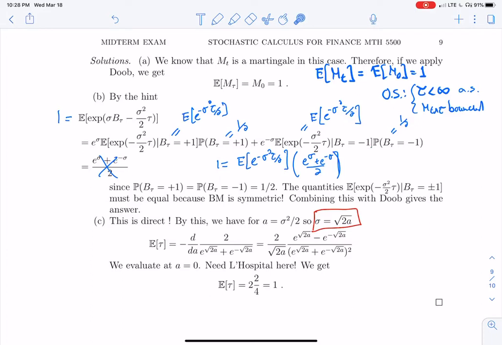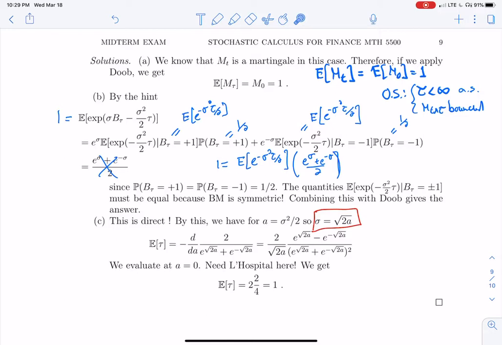To see this, just redo the same conditioning but without the b. So write this expectation as this expectation given beta equal to +1 and given that beta is equal to -1, and because the probability is 1/2, 1/2, you get that this is equal to that. Or you could just argue by symmetry.